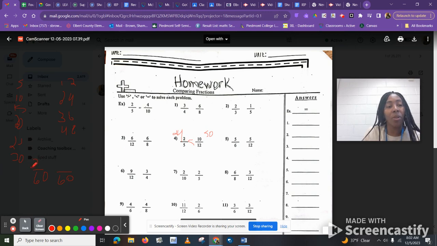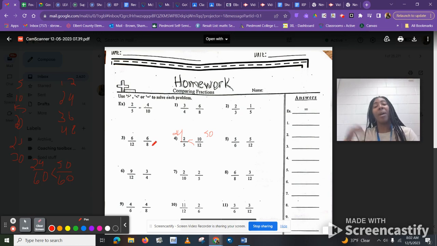That'll give me 24. And then 12 times 5 is 60. So I need to do times 5 up here. And that'll give me 50. So I know that 24 60ths is less than 50 60ths. So this side is bigger. So that's the 3 things I did to check it, to find my LCD.